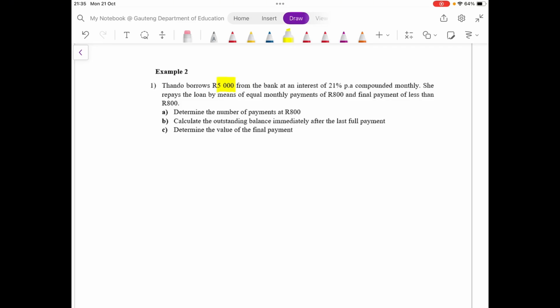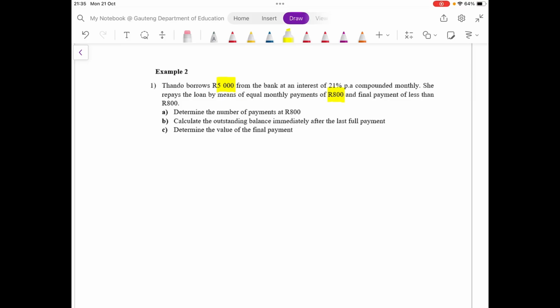So this is a loan again. You can see we have a loan at an interest of 21% compounded monthly. She repays the loan by means of equal monthly payments. That is a keyword again. The loan is being paid by equal monthly payments of 800. So every month, that is a regular time interval, monthly, this person is paying 800, and the final payment of less than 800.